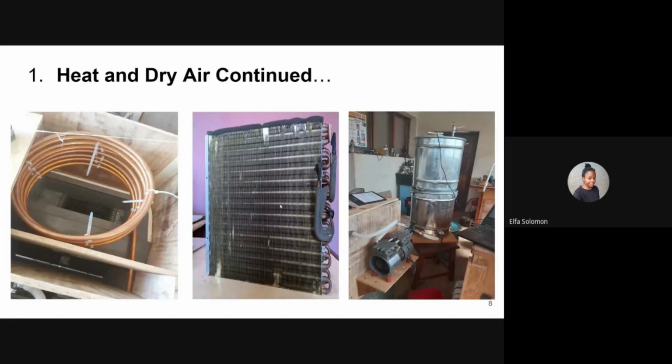The middle picture shows fine fins, which is the evaporation side that allows air that was responsible for cooling the copper pipe to reach a freezing point to enable us to cool the air in the copper pipe. The picture at the right shows the drum that contains the zeolite.